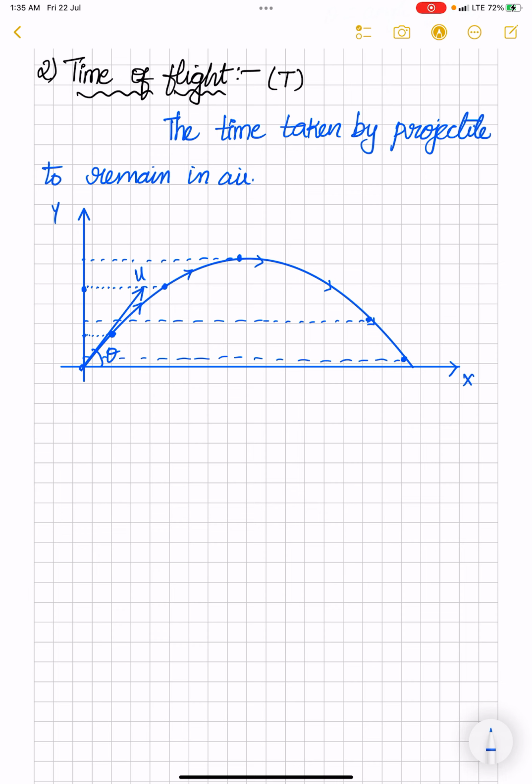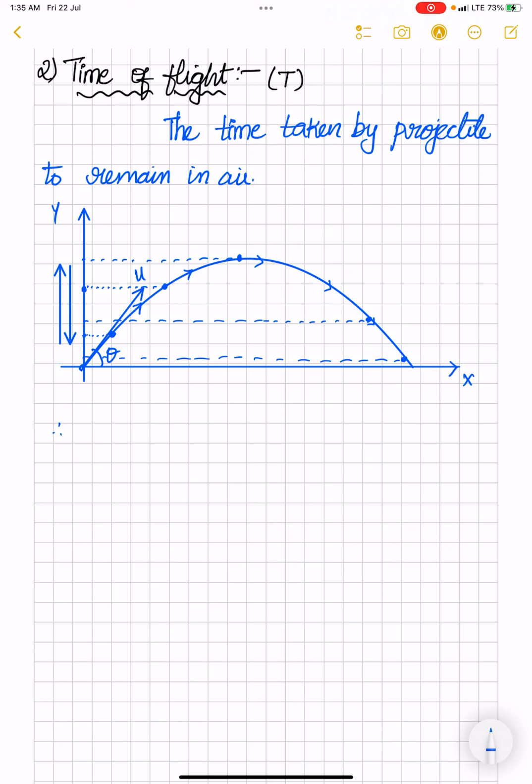So what you can understand, as this particle is moving in this parabolic path, that is projectile motion, the displacement of the particle along the y-axis: first it moves up and then it comes down, back to its initial position.